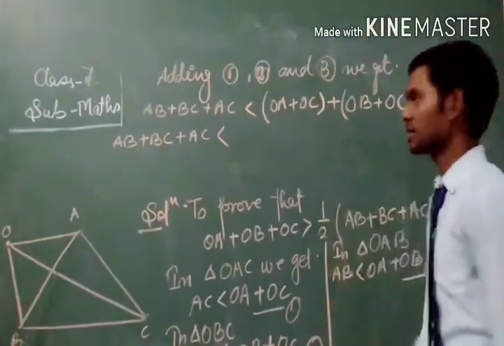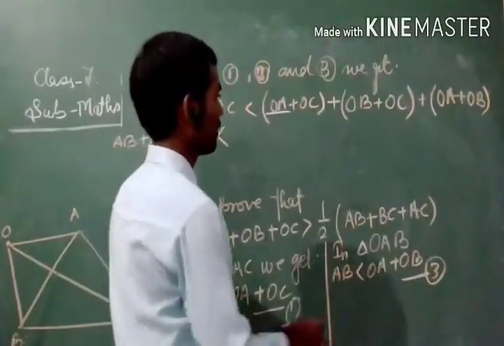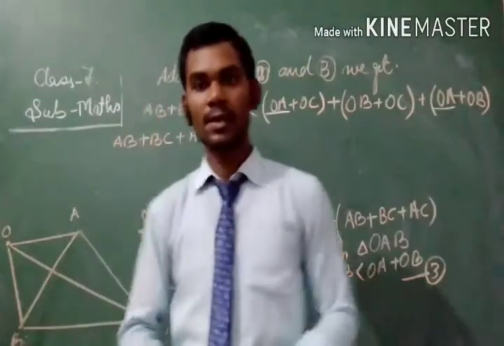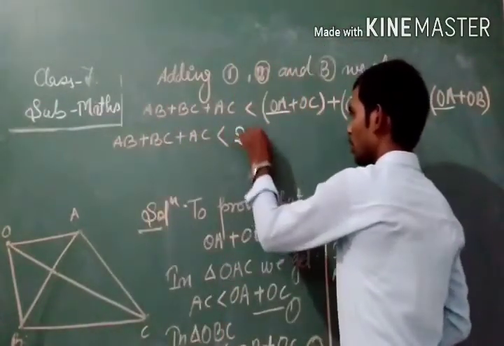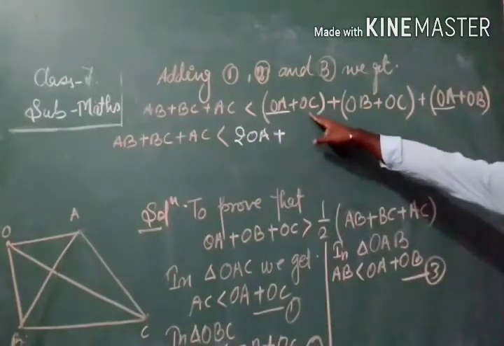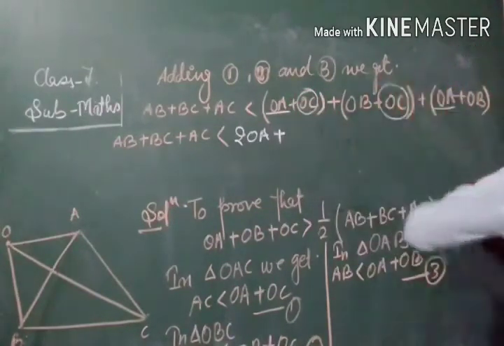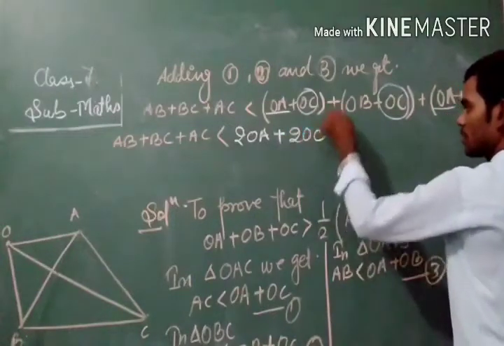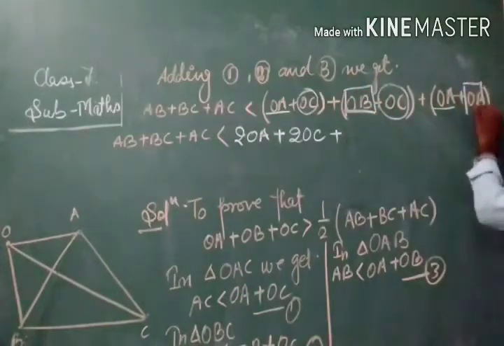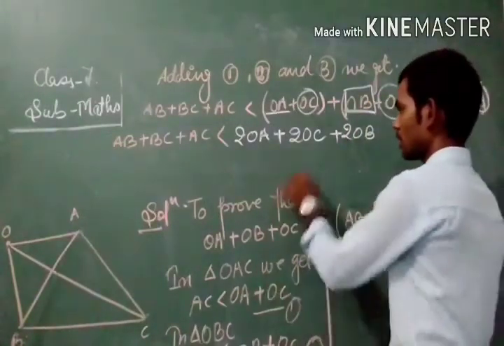On the right-hand side you can see there are two OA, so when we add them we get 2 times OA; similarly OC and OC gives 2OC, and OB and OB gives 2OB.